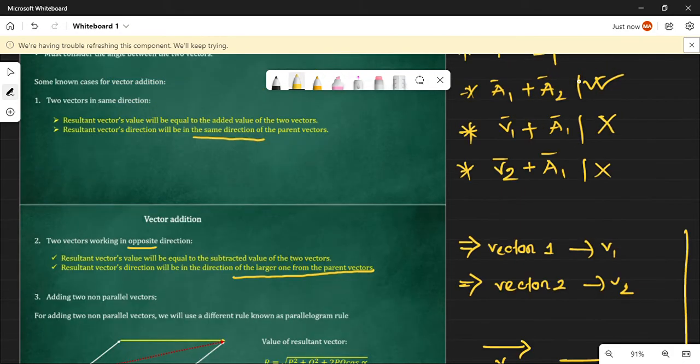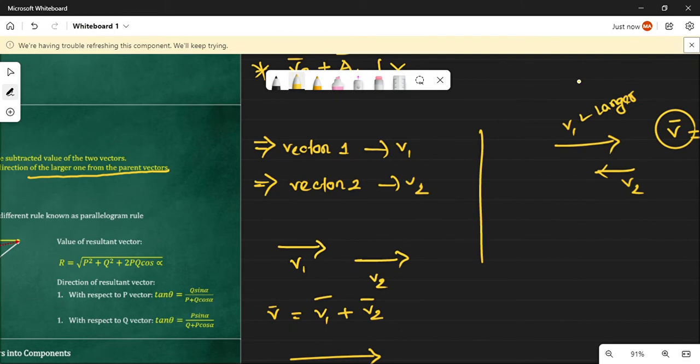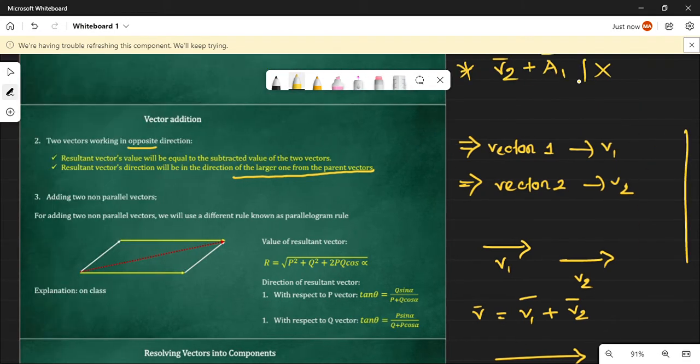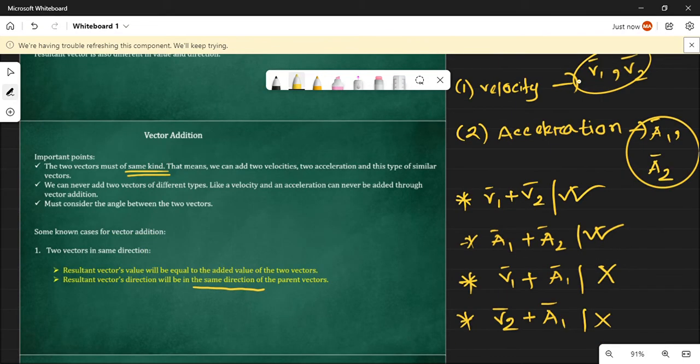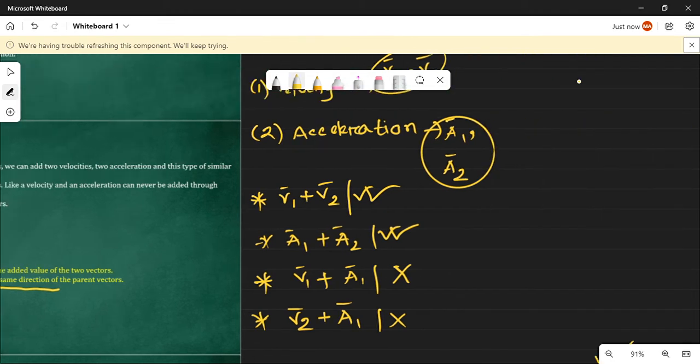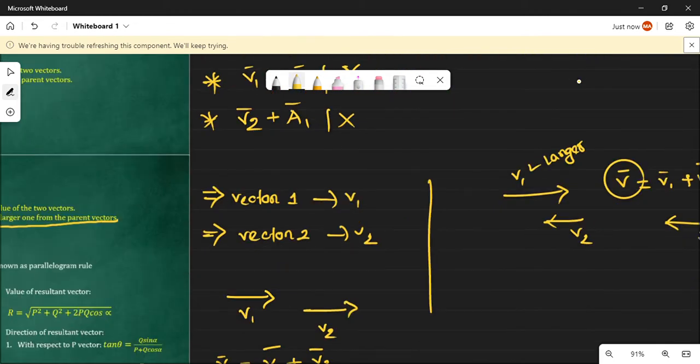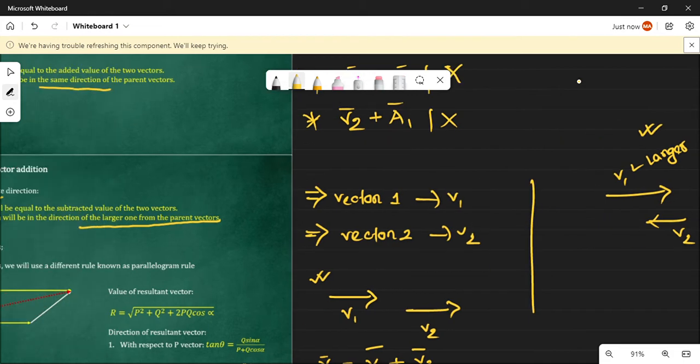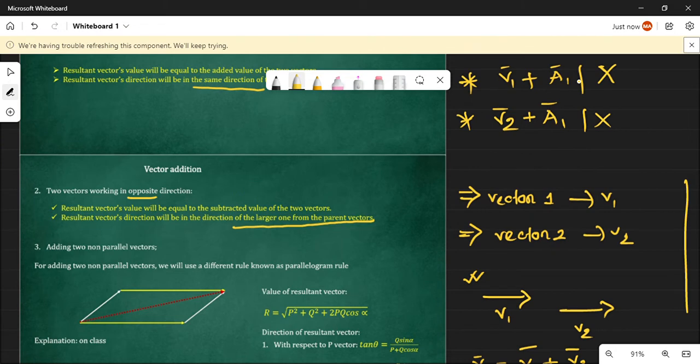One of the most important rules in vector addition comes next. When the vectors are in the same direction or in opposite directions, they are all parallel vectors: opposite in direction but parallel to each other, or the same direction and parallel to each other. It is very easy to add parallel vectors.